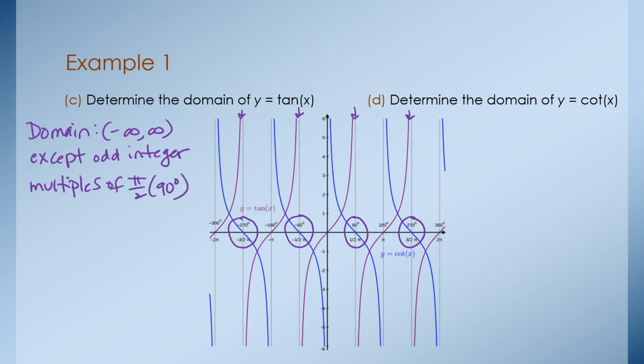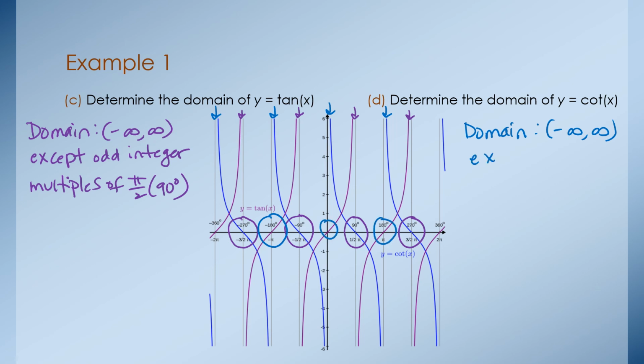For the cotangent, now I'm in blue and I'm going to put arrows up here. These arrows indicate where there are vertical asymptotes, and I'm going to say that the domain is negative infinity to positive infinity, and let's see, where is this happening? Looks like negative pi, looks like 0, looks like positive pi.